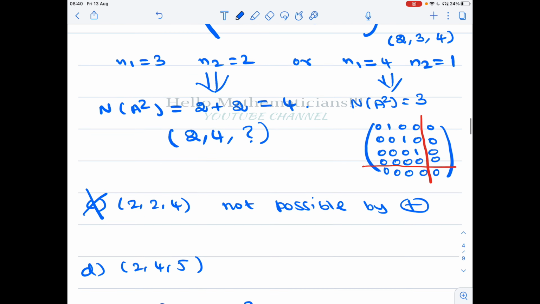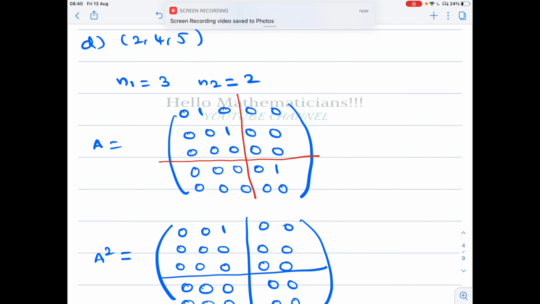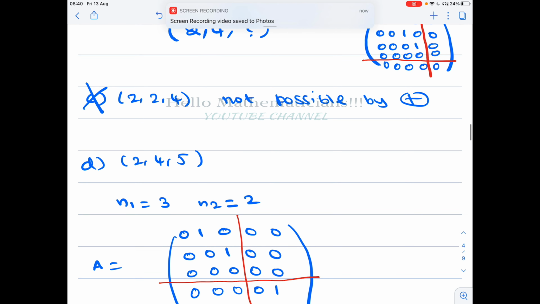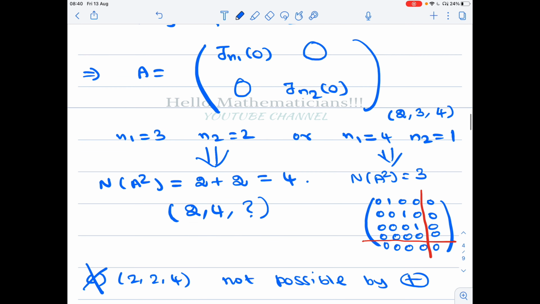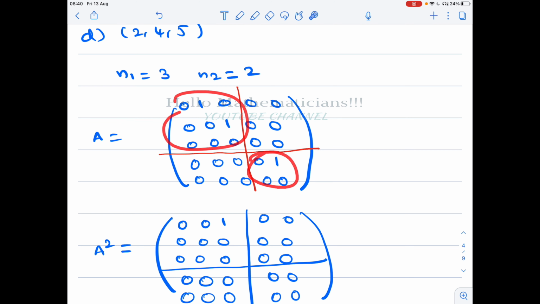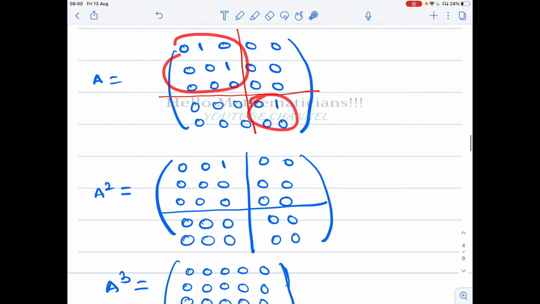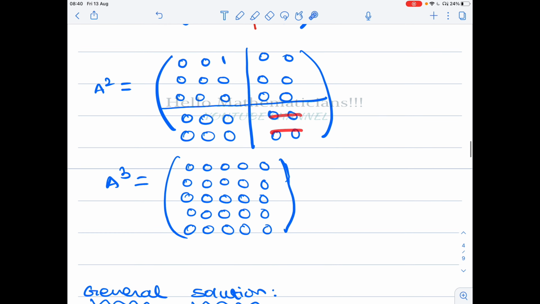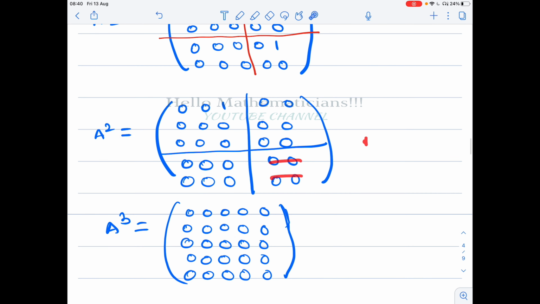And 2 4 5. So for 2 4 5 we take the partition n1 equal to 3 and n2 equal to 2. So we look at this partition, and we understand what these numbers are now. So this is a 3 block and this is a 2 block. When you calculate the power, what happens? The nullity will increase by 1 here, and the nullity will increase by 1 here. So we already saw that the nullity of A square is 4 and the nullity of A is 2.